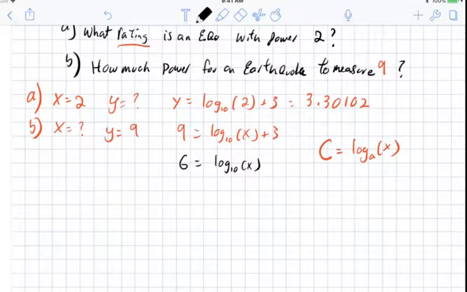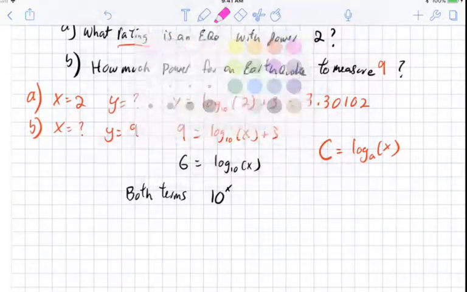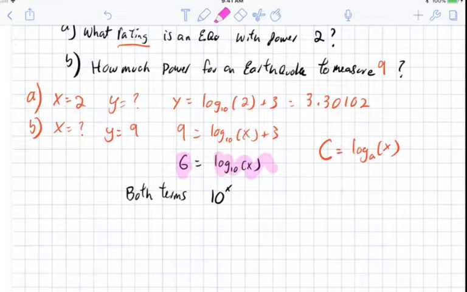And now I'm going to invert it. I'm going to put both terms on top of 10. If you think about it, this is just supposed to be a number. This is just supposed to be a number. So if I put 10 to that power, it's going to give you the same value as 10 to this power. That's the overall idea.